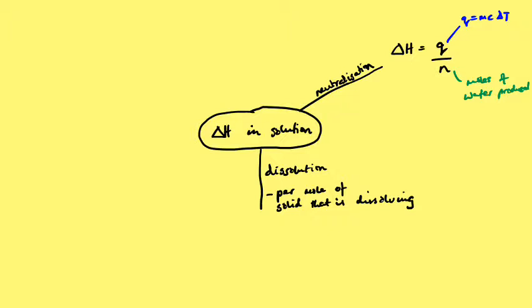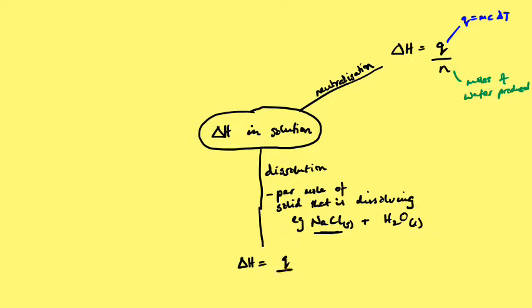So let's have a little example here. You might have sodium chloride as a solid, and you're dissolving that in water, and so it would be per mole of sodium chloride. The enthalpy change given off when 1 mole of sodium chloride dissolves in water. Okay, so as we did with neutralization, let's write our enthalpy change equation down.